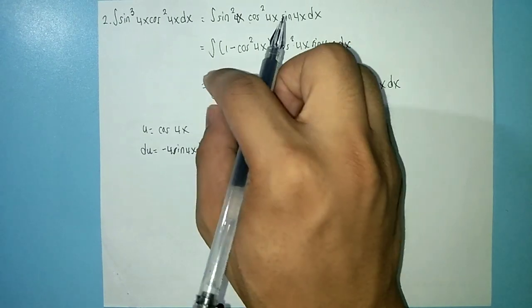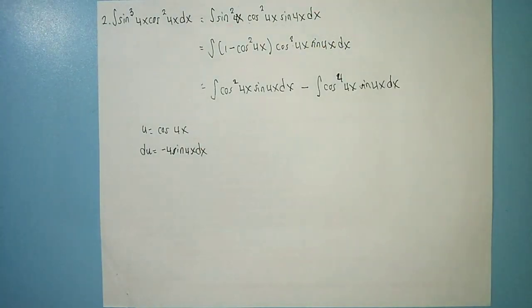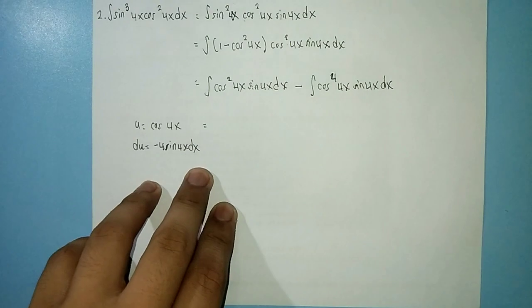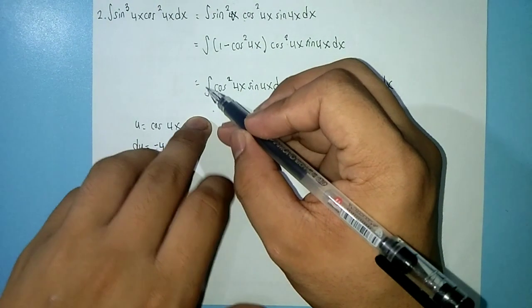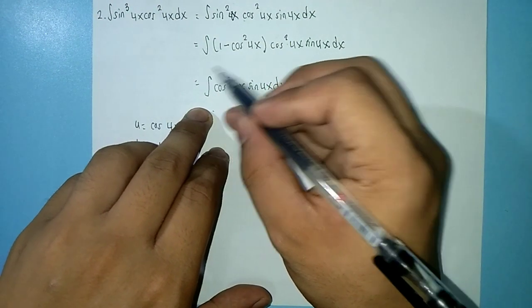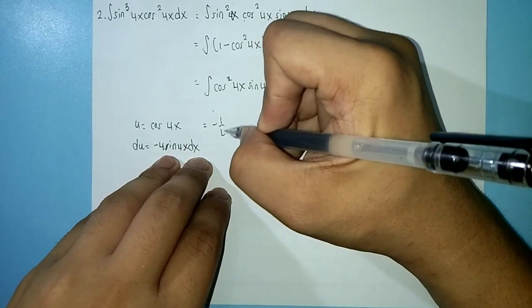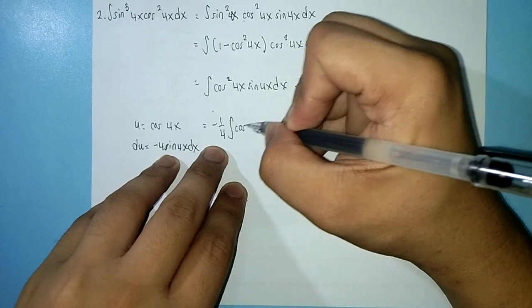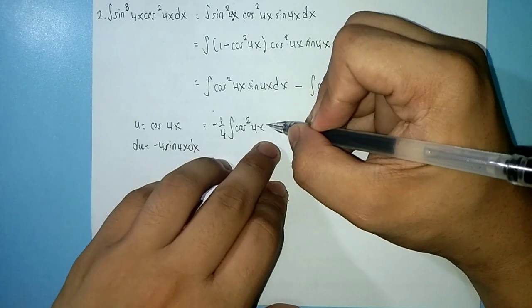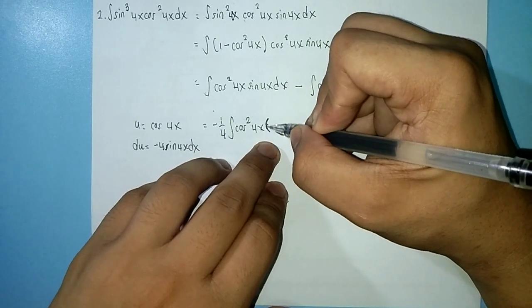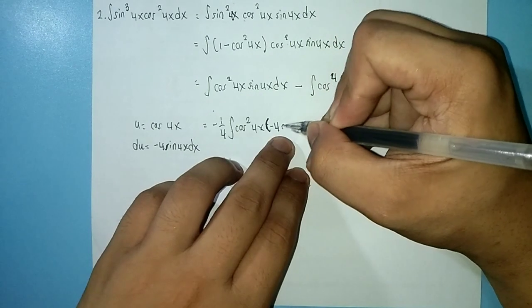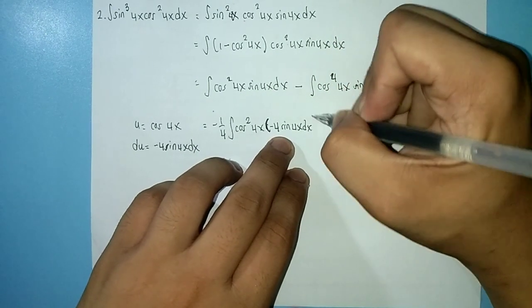So ang matitira sa labas negative 1/4, no? So maglalagay kasi tayo ng negative 4 over negative 4 sa labas. Tapos ipapasok natin yung negative 4 sa loob. Kaya negative 1/4 yung matitira. Negative 1/4 square of cosine 4x. Tapos negative 4 sine 4x dx.